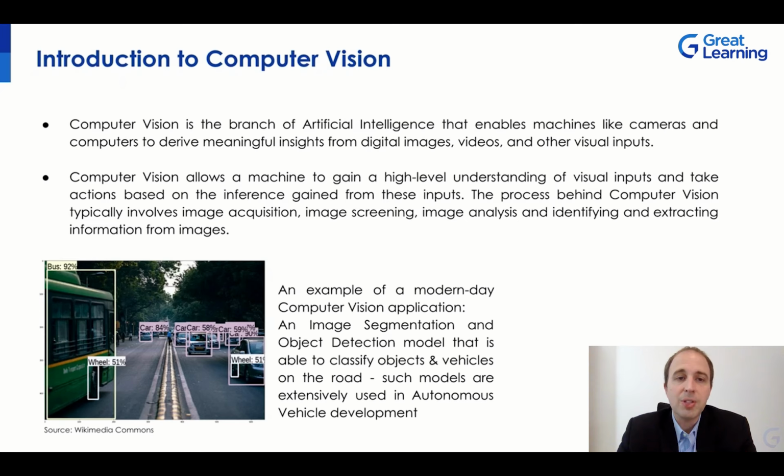So this is a complex process, and it involves all these steps that are described here: image acquisition, image screening, image analysis, and identifying and extracting information from images. So the idea of autonomous vehicles using cameras and artificial intelligence to capture images, understand what's in them, and drive a car, that's just one possible application of computer vision. We're going to talk about that and a lot more soon.